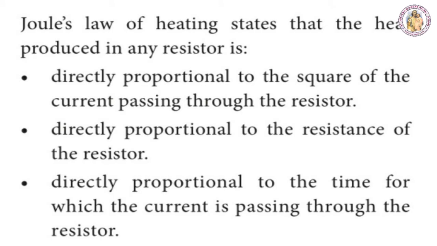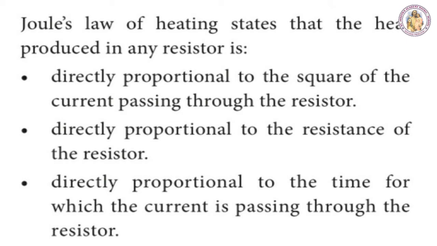So, Joule's law of heating states that the heat produced in any resistor is, first, directly proportional to the square of current passing through the resistor. So, when the resistance and time are constant, the heat is directly proportional to the square of current passing through the resistor.